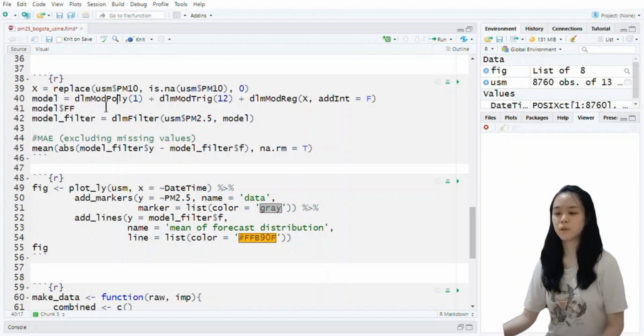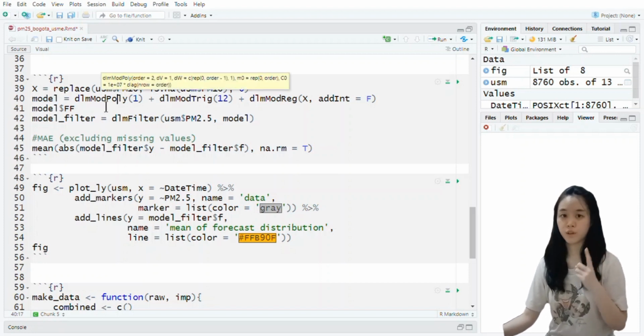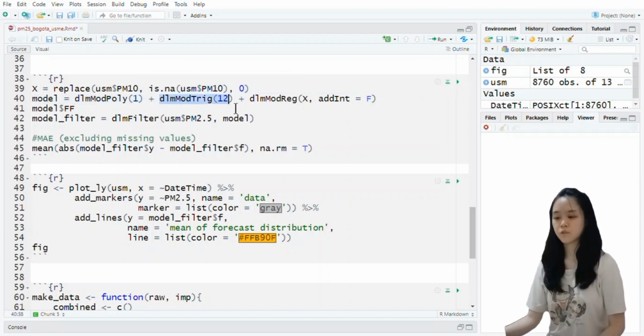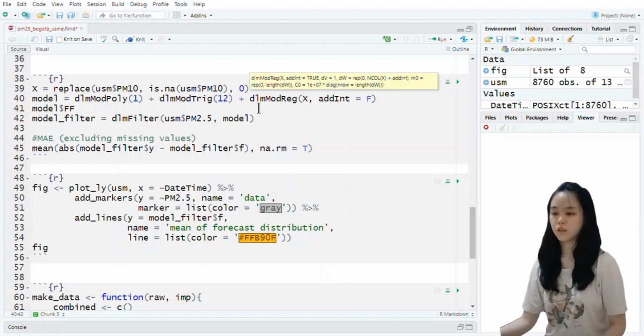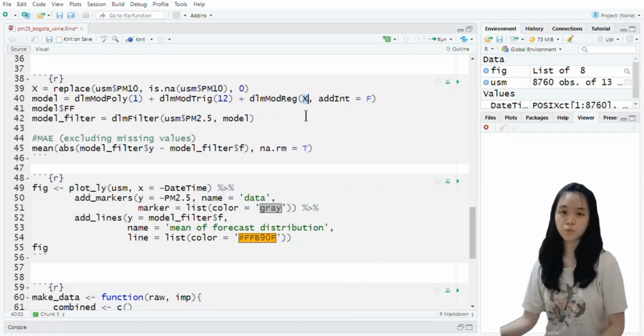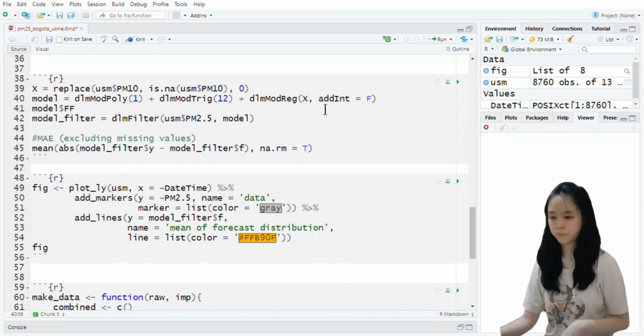So in the polynomial model of order 1, we have only one variable. The state vector will be of only one element. And then the DLM seasonal component would have 11 variables. And then for the next component, which is the regression, we have only one variable as well in the state vector, because x is only one regressor and we didn't include the intercept term.